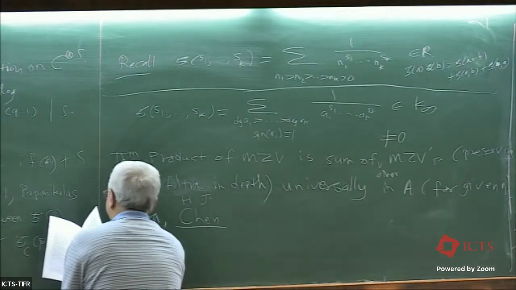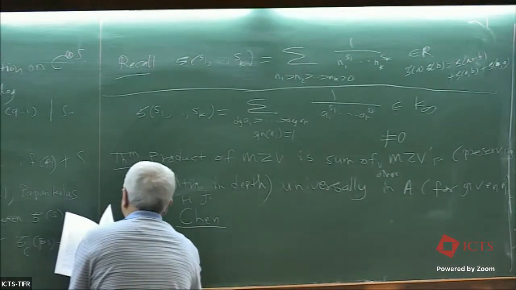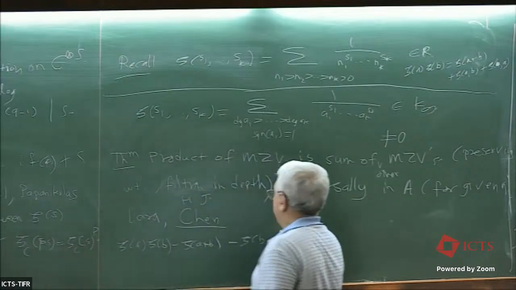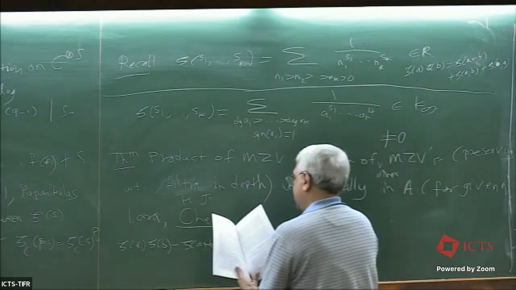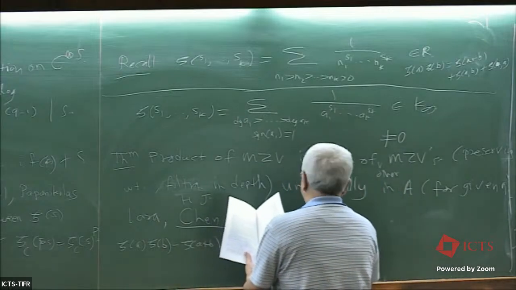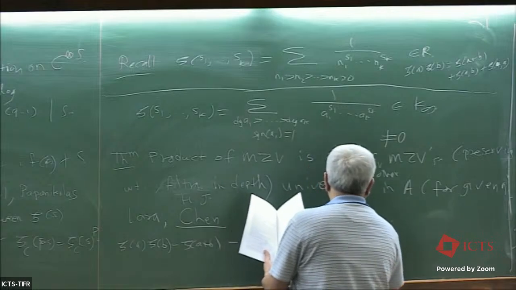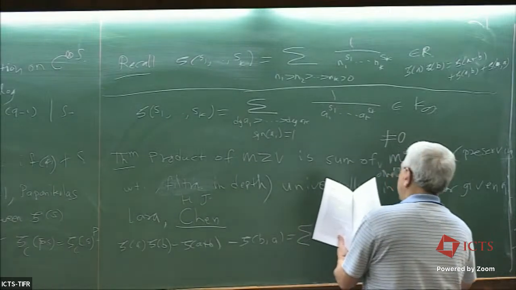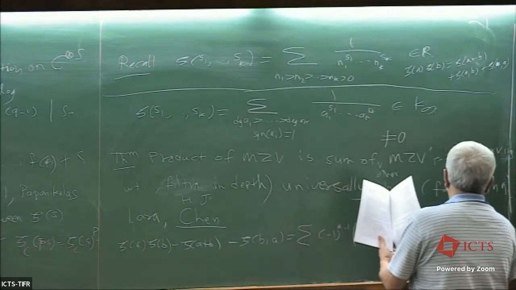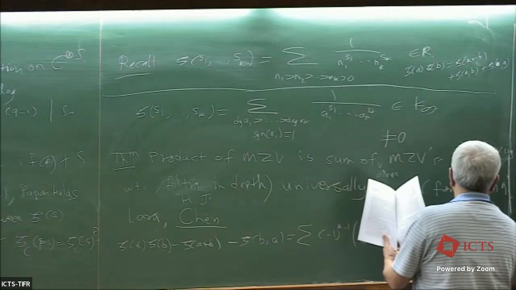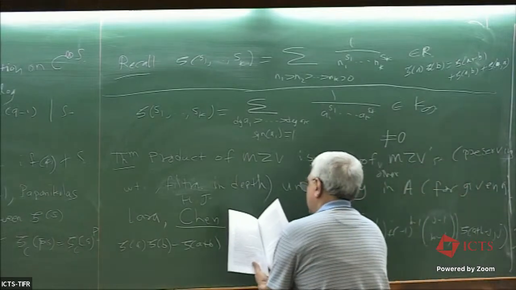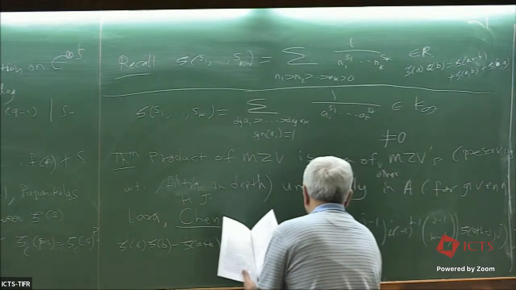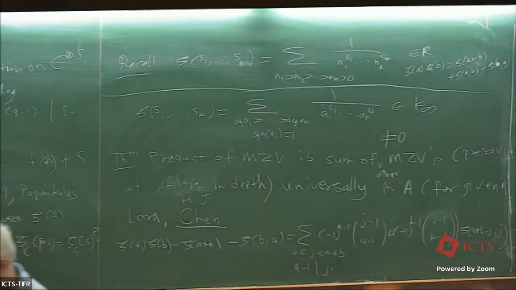So zeta(A)zeta(B) minus zeta(A+B) minus zeta(B,A) equals the summation of (-1)^(A-1) binomial(J-1, A-1) plus (-1)^(B-1) binomial(J-1, B-1), times zeta(A+B-J, J), where J is over 0 < J < A+B and Q-1 divides J.